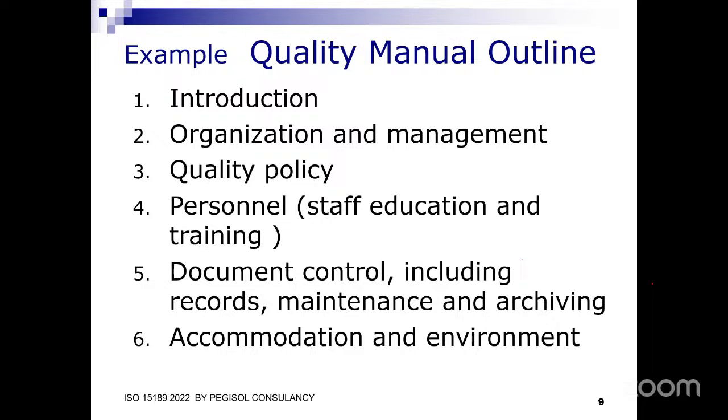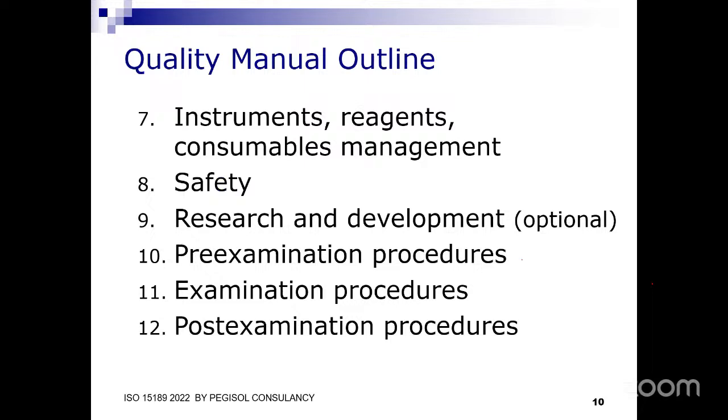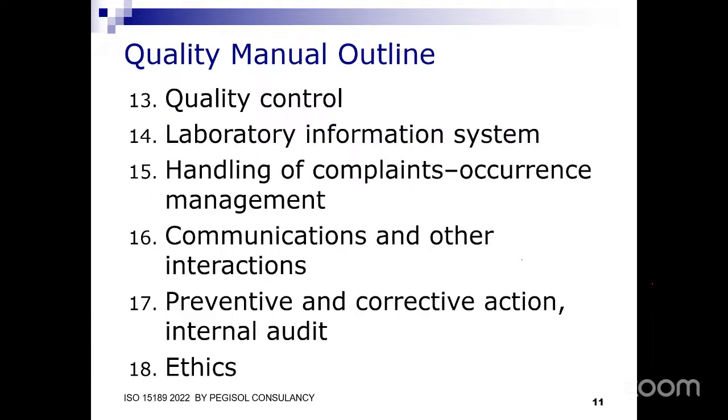Then the next is document control, including record maintenance and archiving. The period of archiving should be stated in that quality manual. Then accommodation and environment, instrument, reagent, and consumable management, then safety, research and development (optional if you have that), the pre-examination procedure, the examination procedure, the post-examination procedure, and your quality control.